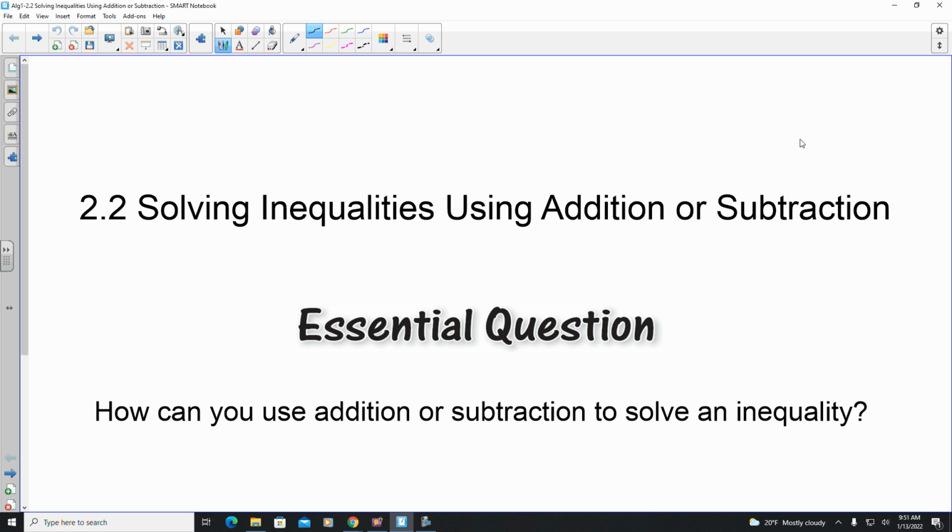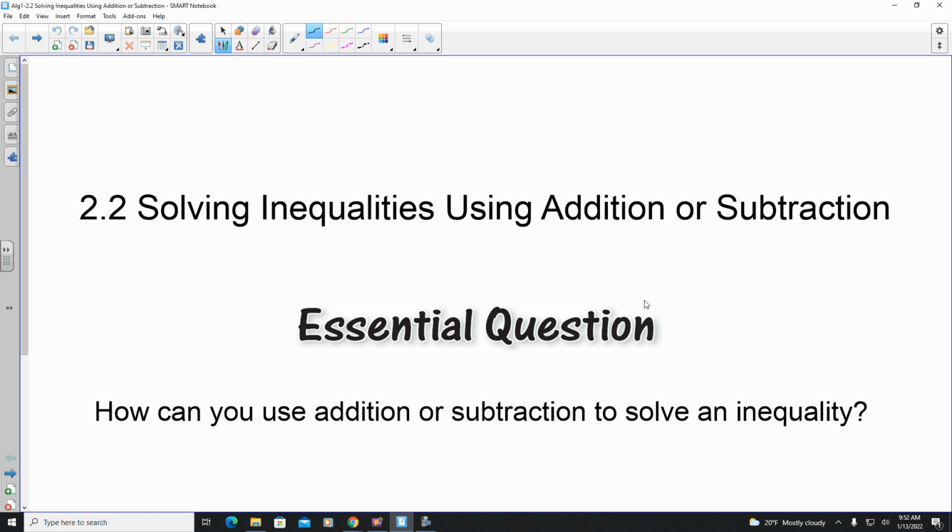In this lesson, we're going to be looking at section 2.2, where we're going to be solving inequalities using addition or subtraction. Essentially, we are going to be solving inequalities just like we did solving equations.